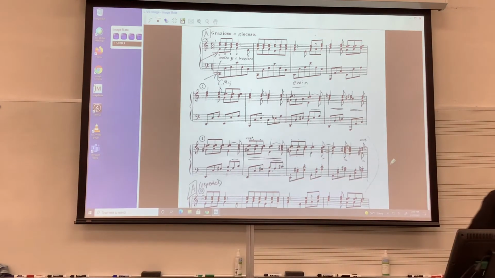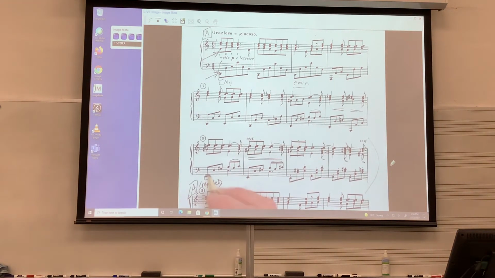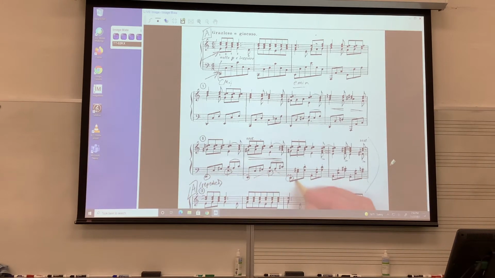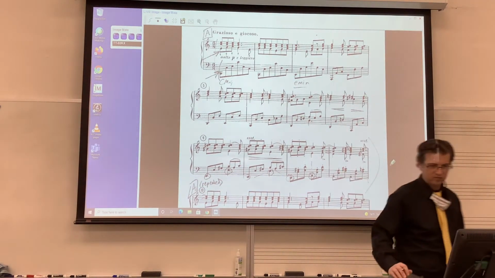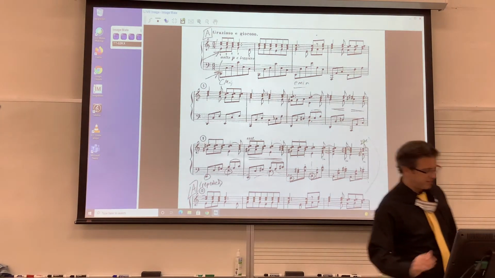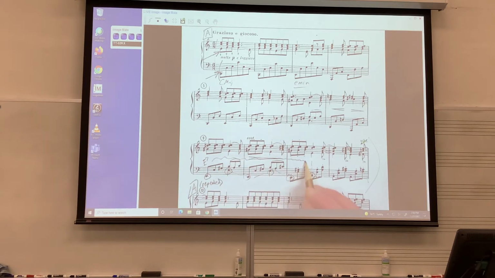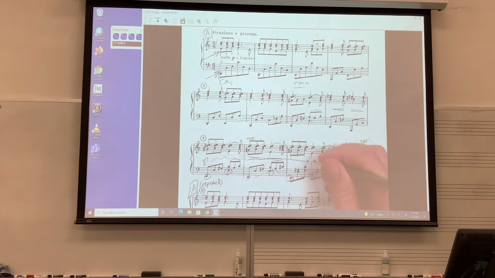But we get all this E, E, E, E, E, A. This is our E7 chord. And then finally we get a resolution to A.